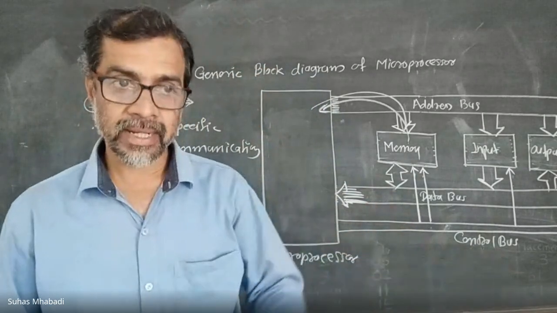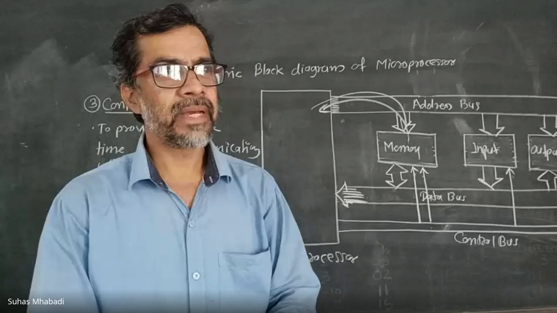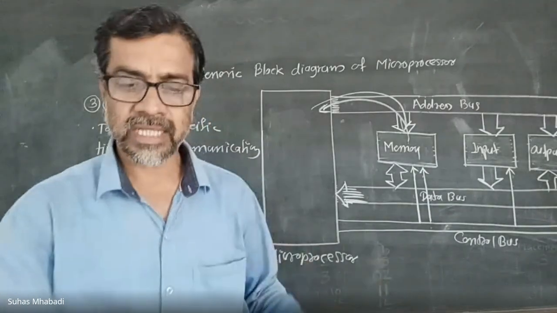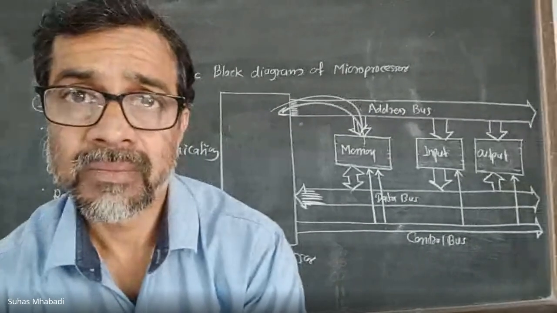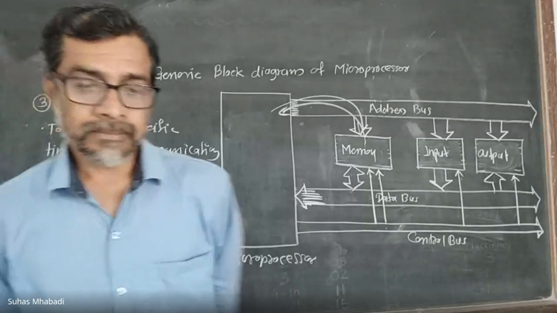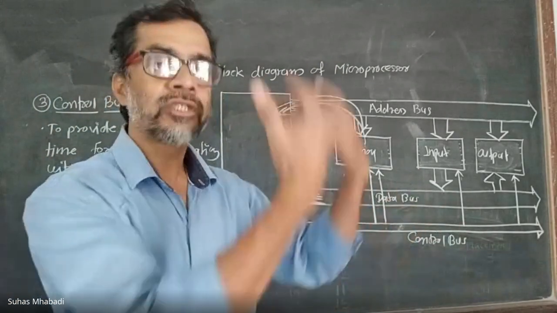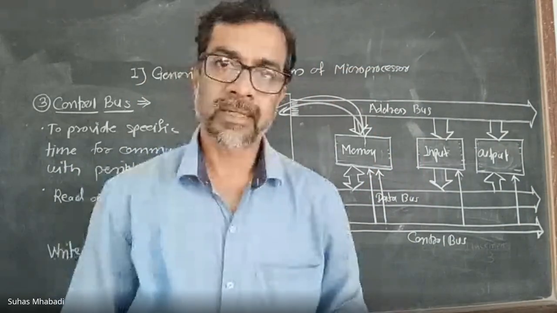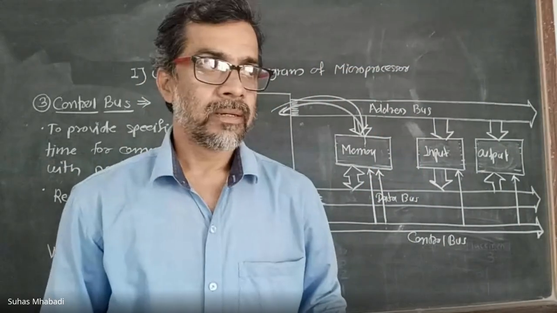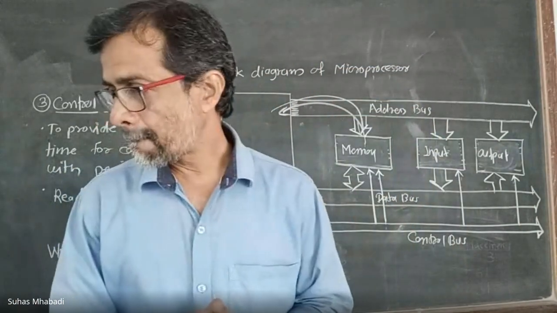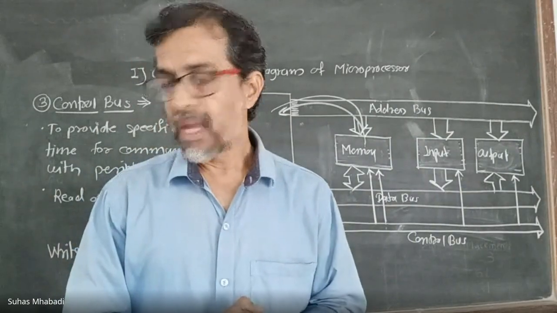Before I move ahead, I must give you an example, and that may help us understand the concept of the control bus. We are talking about the processor. Instead of that, let us talk about the professor. Suppose I am a professor and I want to read something.